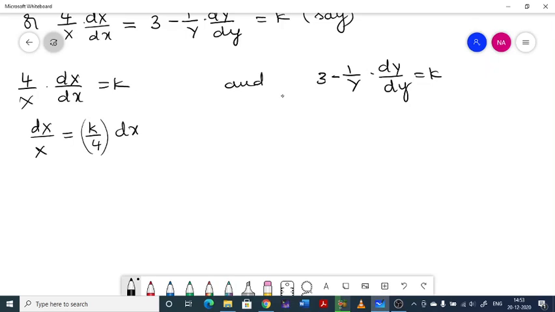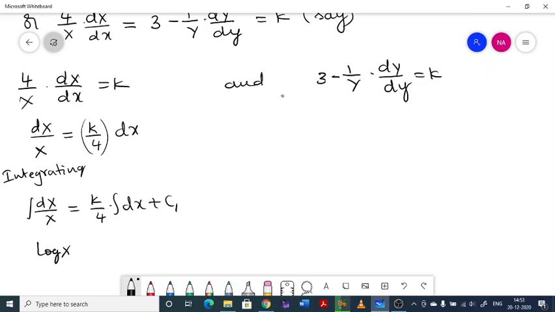Similarly, okay, let us solve this first. Integrating, we'll get integral d capital X by capital X equal to k by 4 is a constant, integral dx plus c1. So log capital X equal to kx by 4 plus c1.